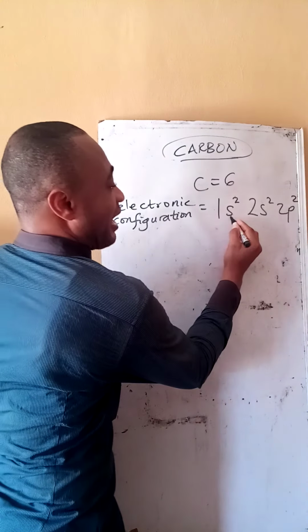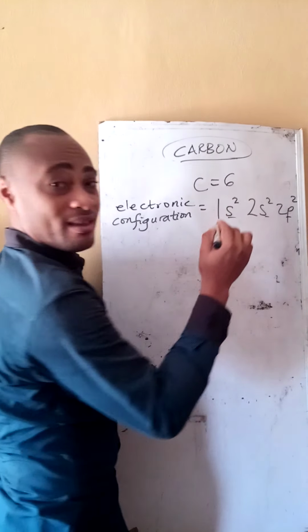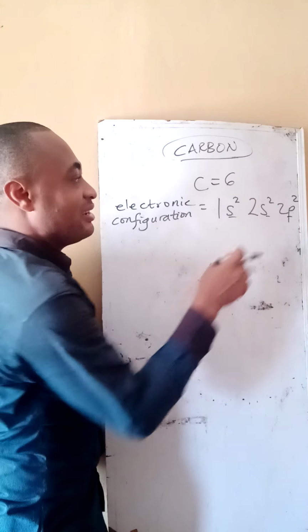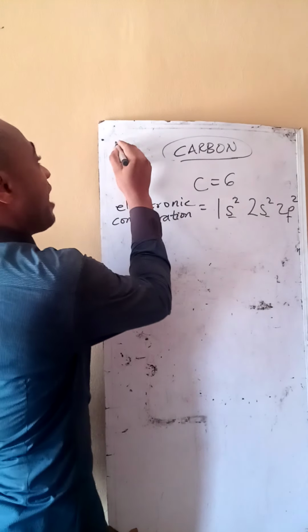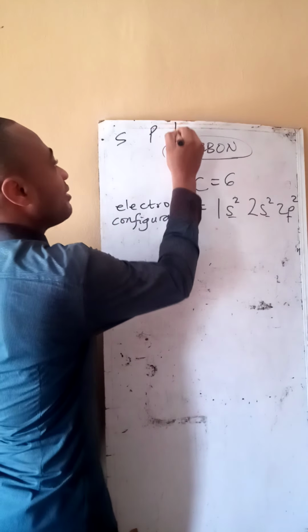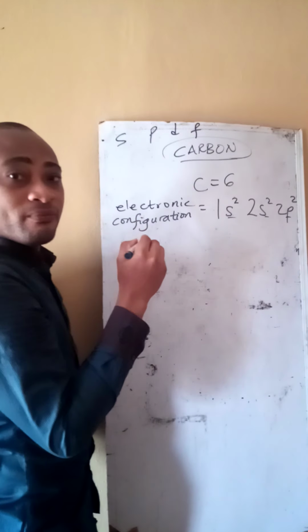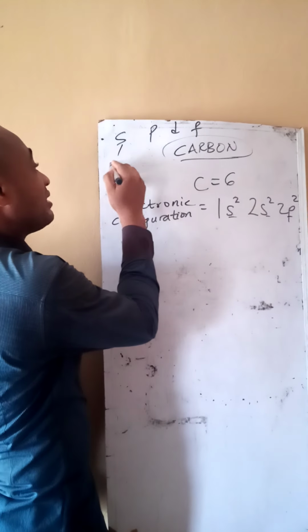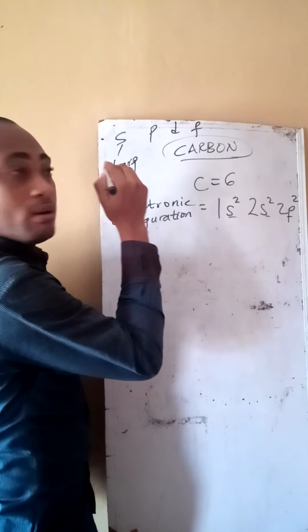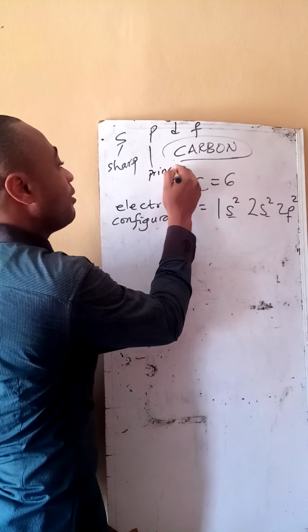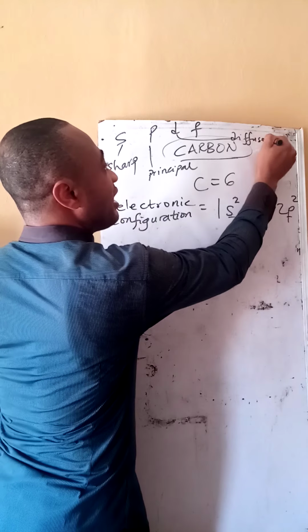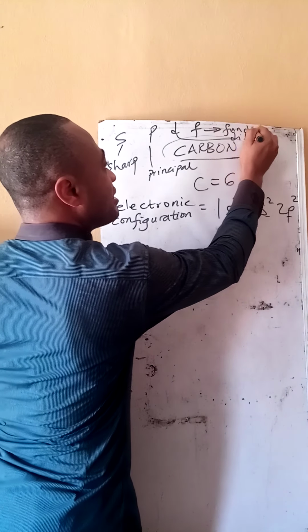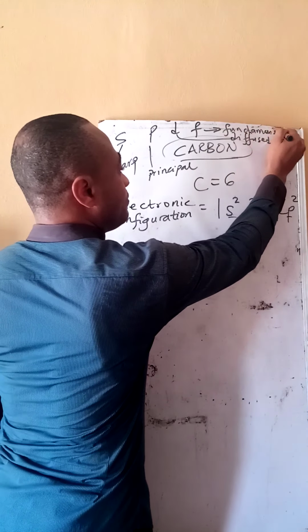And remember, I have s, s, and p. I believe you know what they are. They are called orbitals. We have 4 major kinds. We have the s, the p, the d, and the f. And what do they stand for? s means sharp, p means principal, d means diffused, and of course, f means fundamental.